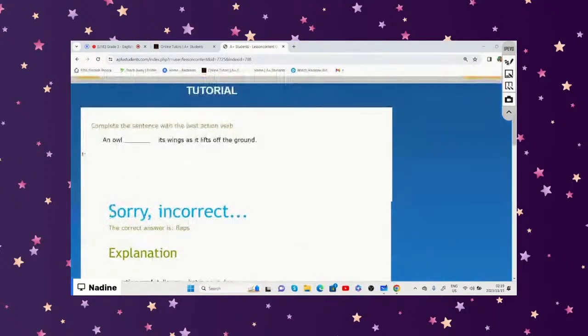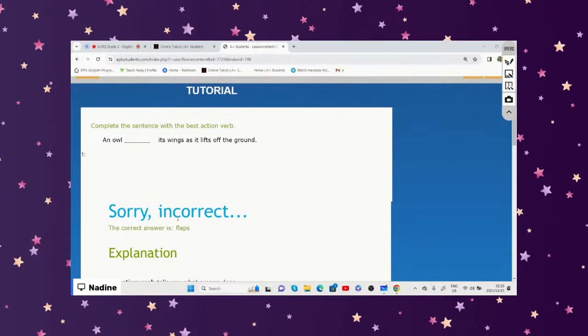So now it says we need to complete the sentence with the best action verb. An owl, blank, its wings as it lifts off the ground. So what does an owl do when he wants to fly away, or if he wants to fly?